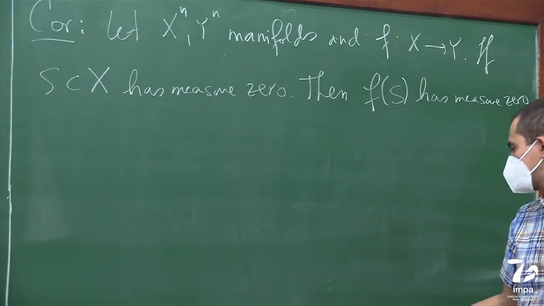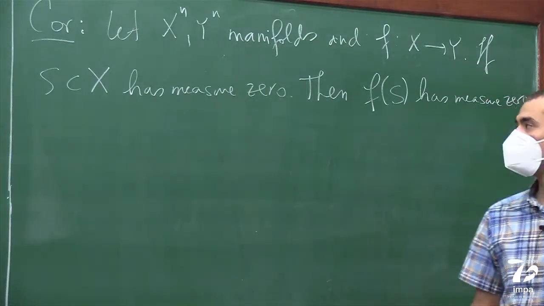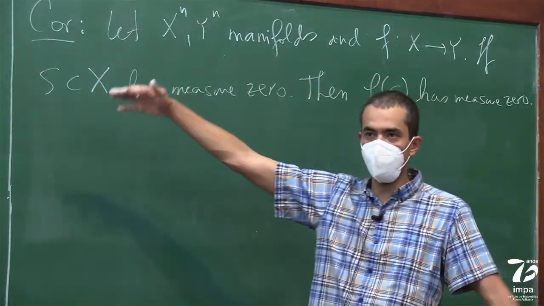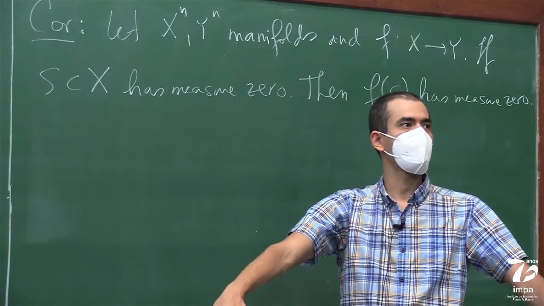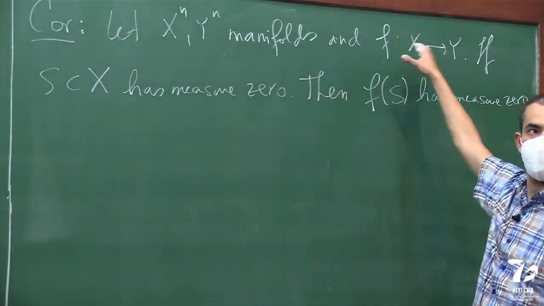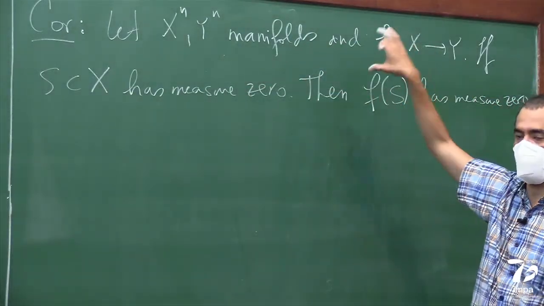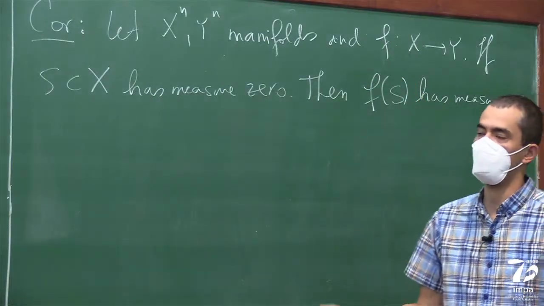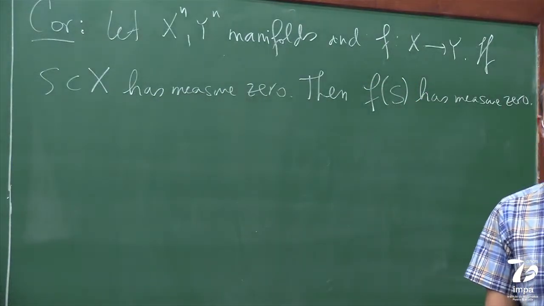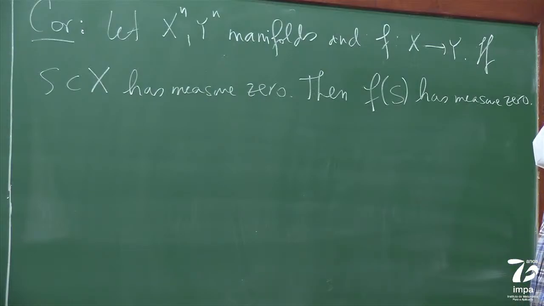In the proof, I guess I don't even have to write it down, but if S has measure 0, you split it up into charts, and then you also look at charts on the other side. All the maps in charts are just going to be smooth maps from Rn to Rn that will have that property.